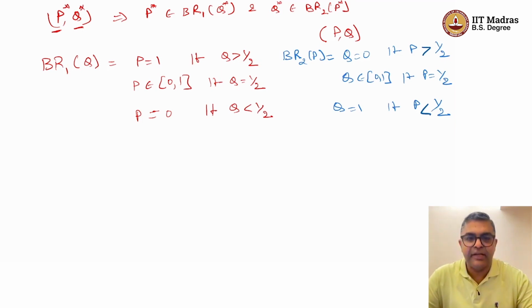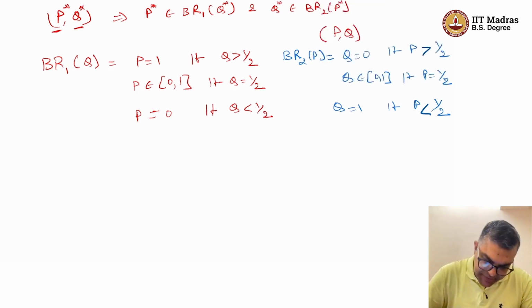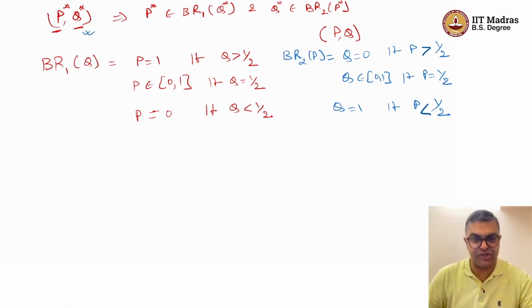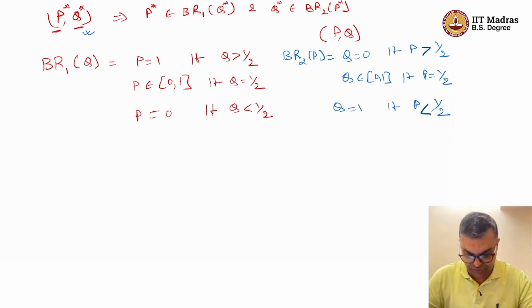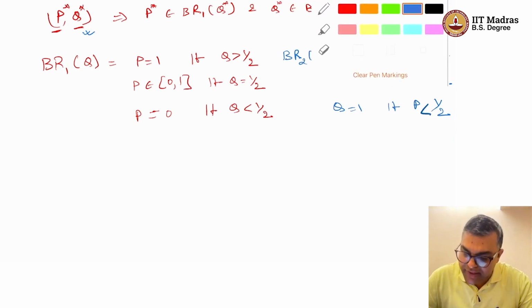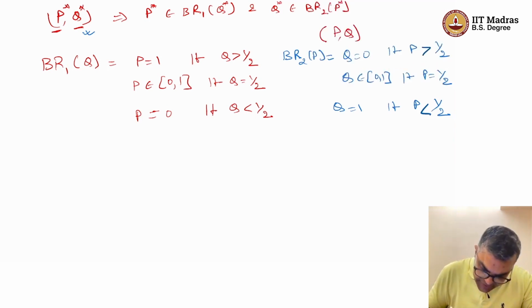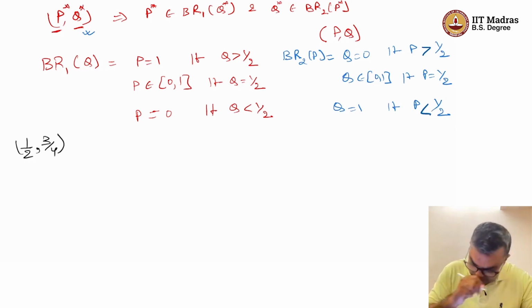So that's it. The first technique is to start with some P star, Q star and check whether they indeed are best responses of one another. If we find they are best responses of one another, we have obtained at least one Nash equilibrium. So let us start with (1/2, 3/4) just to check.